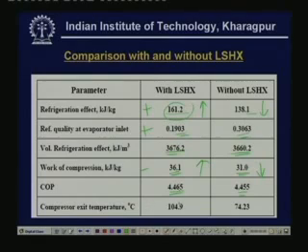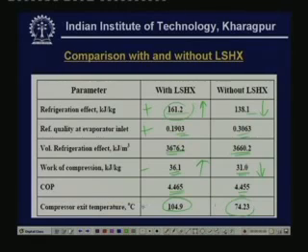Okay. However, one significant difference between the system with liquid suction heat exchanger and without liquid suction heat exchanger is in the discharge temperature. Okay. You can see that with liquid suction heat exchanger discharge temperature is about 105 degree centigrade, whereas without liquid suction heat exchanger it is about 74 degree centigrade. That means almost more than 30 degrees increase.